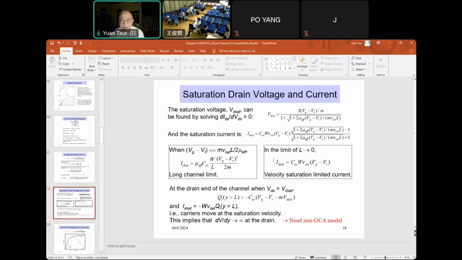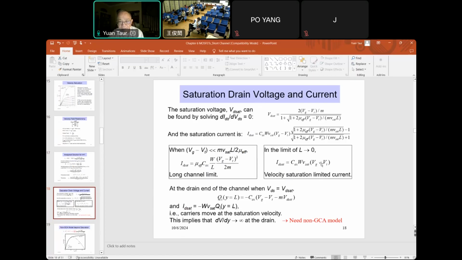But in the short channel limit, let's say L equal to 0. If L goes to 0, then this ratio is 1, because that means this is very large. So infinity over infinity, that's 1. So you only have the factor in front left. And this is the so-called velocity saturation limited current. You can see that it's a very simple expression.